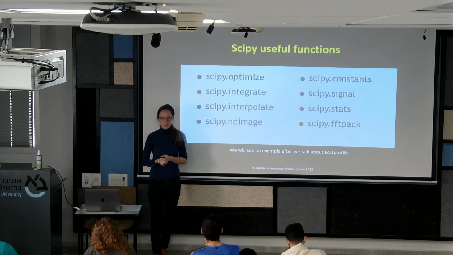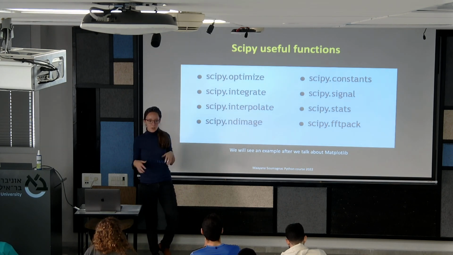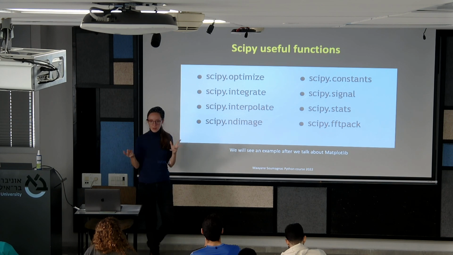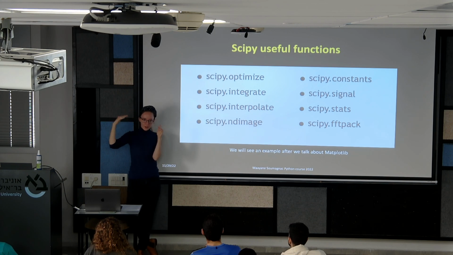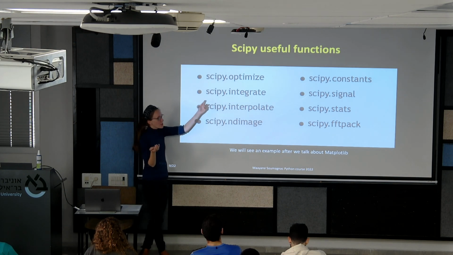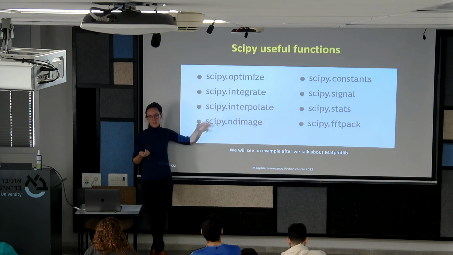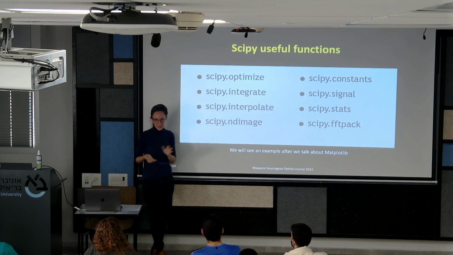If you want to do an integral, you can do it manually. You've learned how to do an algorithm for integration, I assume, by calculating the area under a curve in an iterative process. So you can write it on your own, but you can also use scipy.integrate that does it in an optimized way.